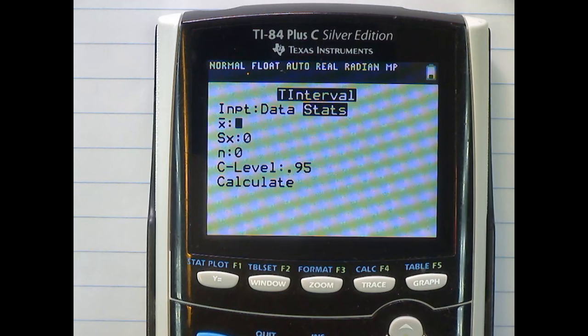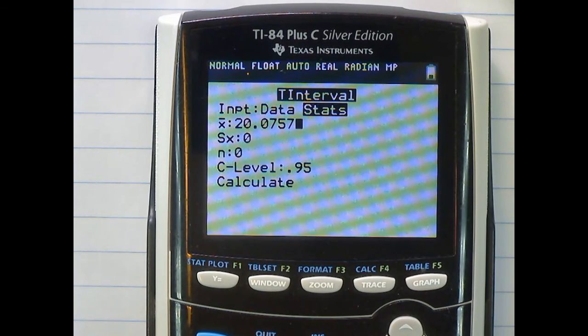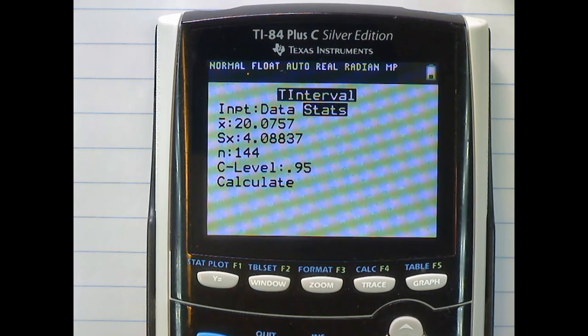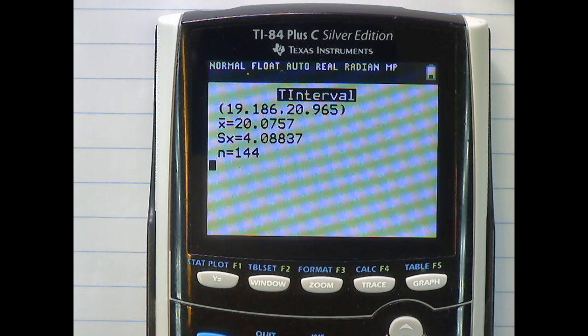So we had an x bar of 20.0757, a sample standard deviation of 4.08837, and a sample size of 144. And we wanted a 99% confidence interval. So we do that, and it tells us everything we need to know. Yay.